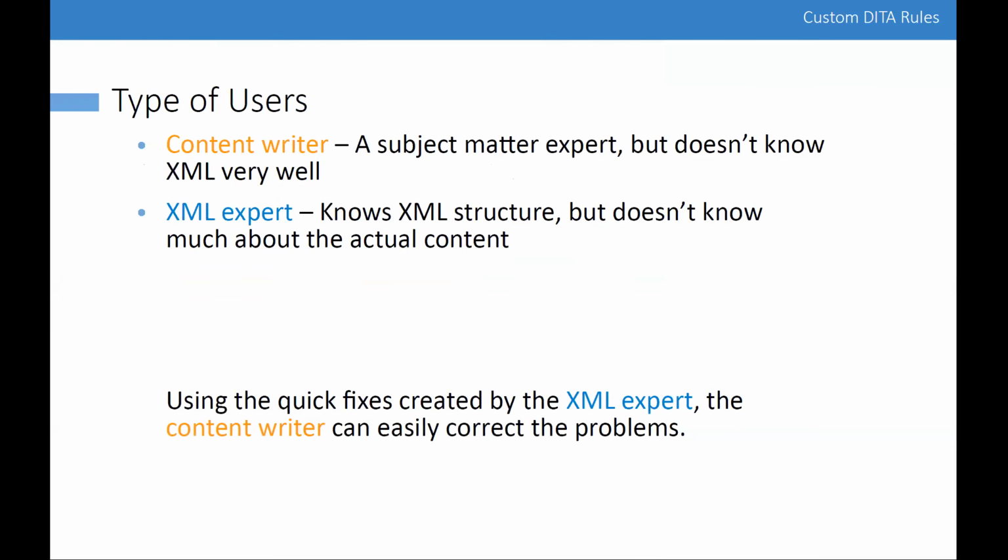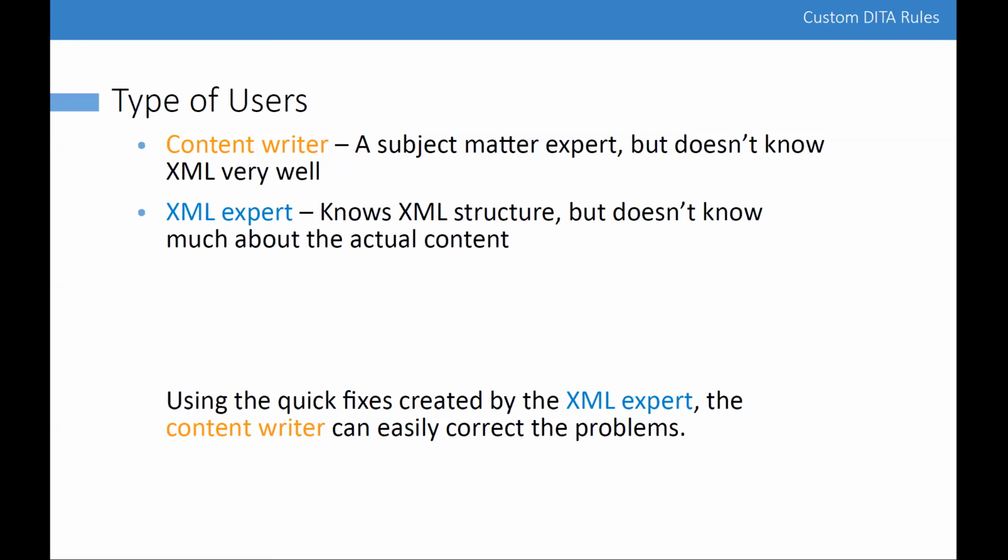And in a company, you can have different types of users. For example, you can have a content writer, who is an expert and knows the content very well. For example, you have an automotive company, and he knows the content and what to write there in the documentation, but he's not an XML expert. And if a problem occurs in the document and the error is provided, then he needs to ask an XML expert to solve it.